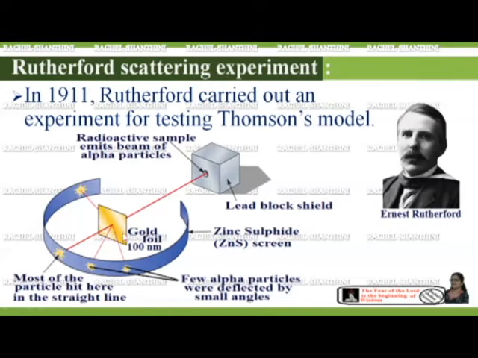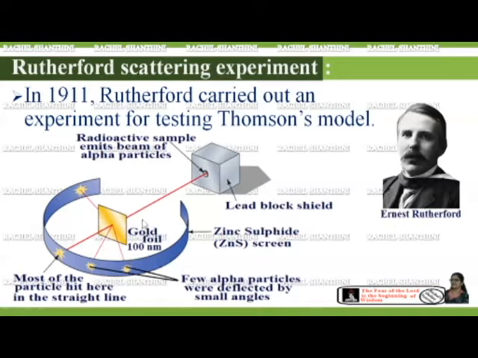These alpha particles were obtained in the form of a narrow beam through a slit in the lead block. A circular fluorescent screen coated with zinc sulfide is kept around the gold foil to detect the deflections of the alpha particles. Whenever alpha particles strike the screen with zinc sulfide, a tiny flash of light will glow at that point.